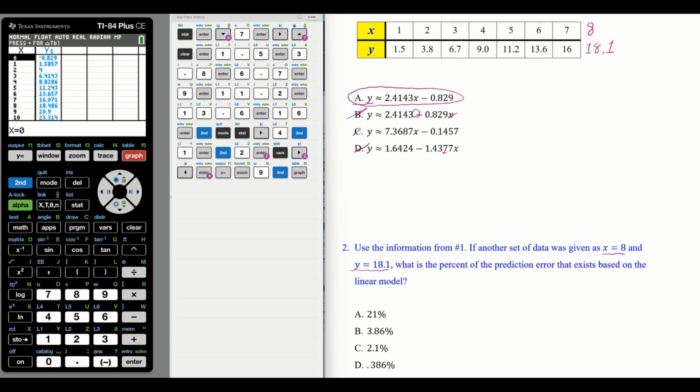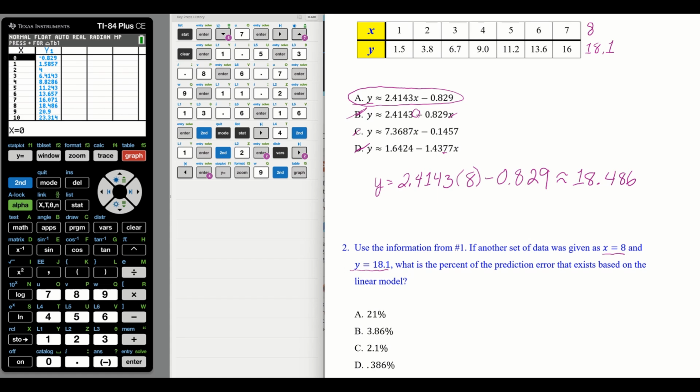If we did this and we said Y equals, and we put in our 2.4143, and we put in 8 and minus 0.829, that would be very close to 18.486.